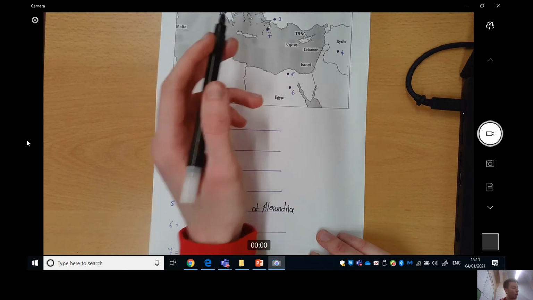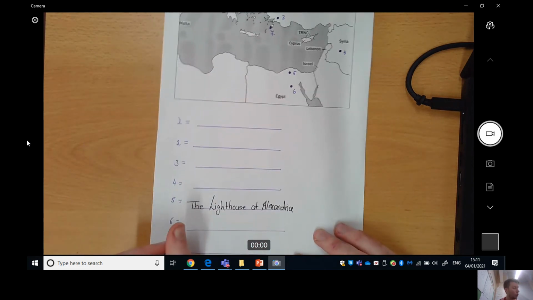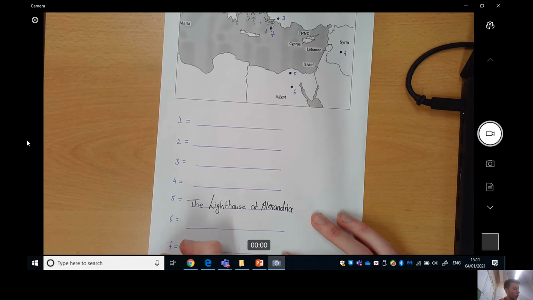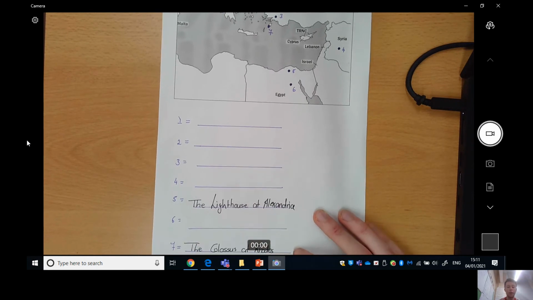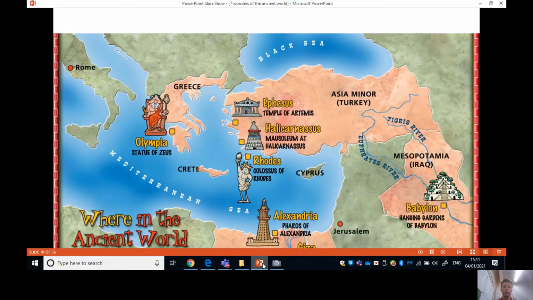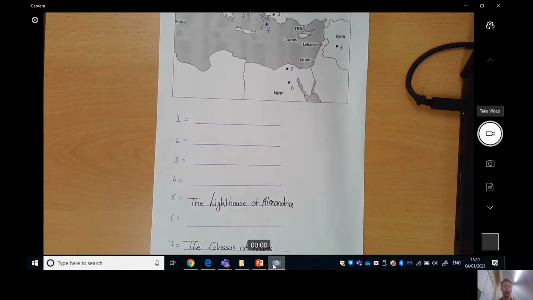So I think that was Rhodes. And the ancient wonder was the Colossus at Rhodes. So I'll just check that one. And yes, I was correct. The Colossus of Rhodes or the Colossus at Rhodes, both terms are used.